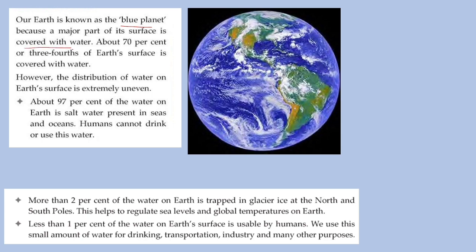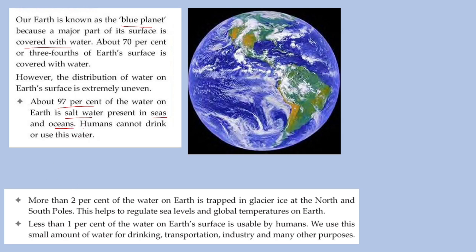But out of this 70%, all this water is not in usable form because 97% of the water on the earth is salty water, which is present in the form of oceans and seas. So human beings cannot drink this water.